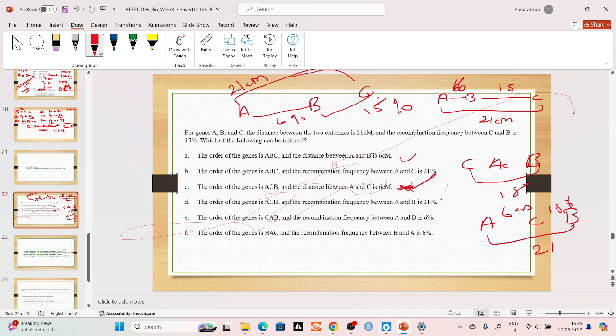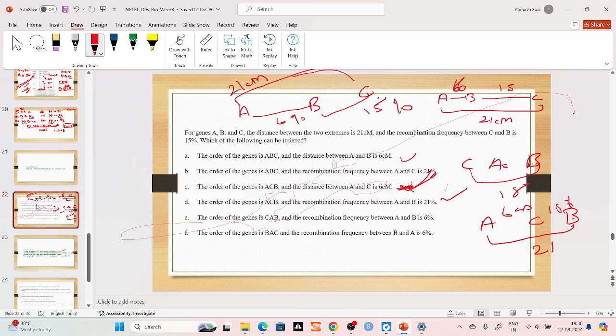See, if it is A, C, B, then also it is possible, because here they have given that the recombination frequency between C and B is 15%. So if C and B is 15%, then obviously it would be 6%. Okay, so this is correct. Then the order of the gene is ACB and the recombination frequency between A and B is 21%. This is also correct.